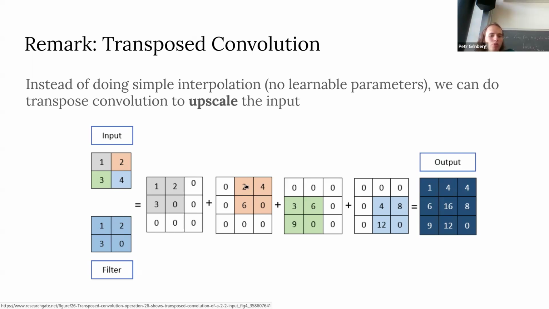So 2 by 1 is 2, 2 by 2 is 4, 2 by 3 is 6, and 2 by 0 is still 0. Again, the same for green, and the same for blue, and the output of transposed convolution is just the sum of these four elements. Okay.